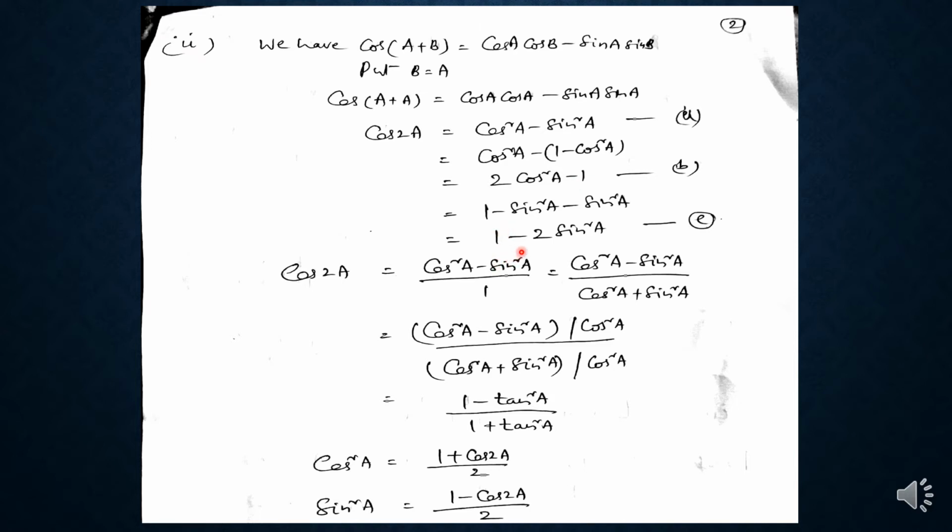The third formula, only in terms of sin, is 1 minus 2 sin square A. In terms of tan A, cos 2A is equal to 1 minus tan square A by 1 plus tan square A. And cos square A and sin square A in terms of cos 2A: cos square A is equal to 1 plus cos 2A divided by 2, and sin square A is equal to 1 minus cos 2A by 2.